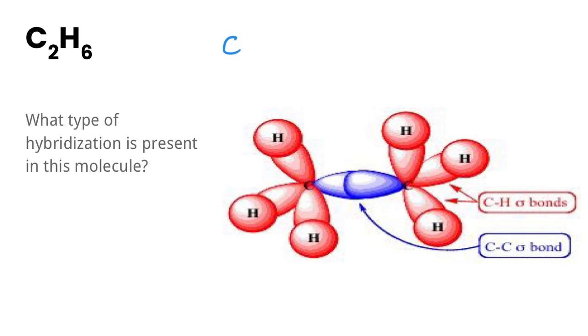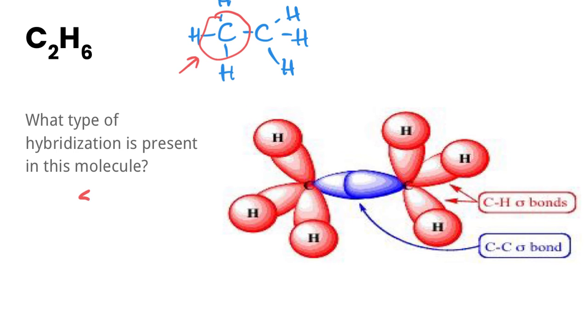We'll start with a molecule called ethane. Ethane has two carbons joined together and then three hydrogens joined to each of the two carbons. If we take a look at just one of the carbons, it has four bonding pairs and no non-bonding pairs. So the carbons form sp3 hybrid orbitals.